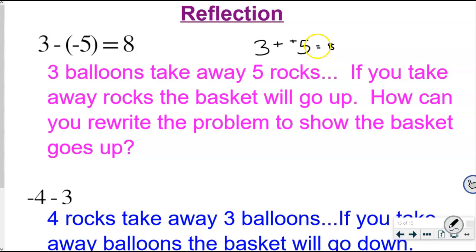No different than when we took away the rocks by looking at the 0 pairs and then we counted everything and we had all those extra balloons. It's the exact same thing, a lot less work. Yes, Joshua? Yep, that would work for it.